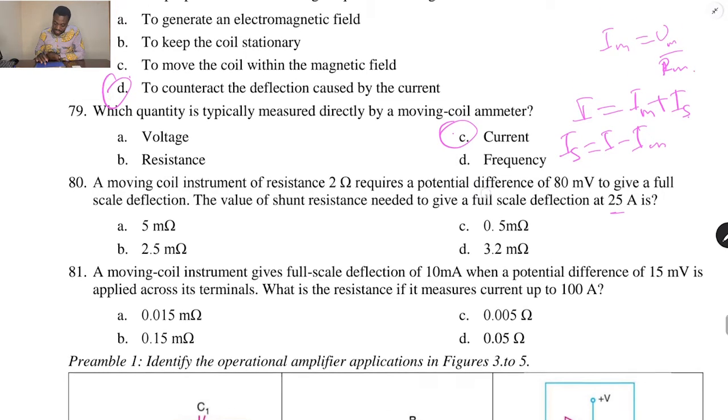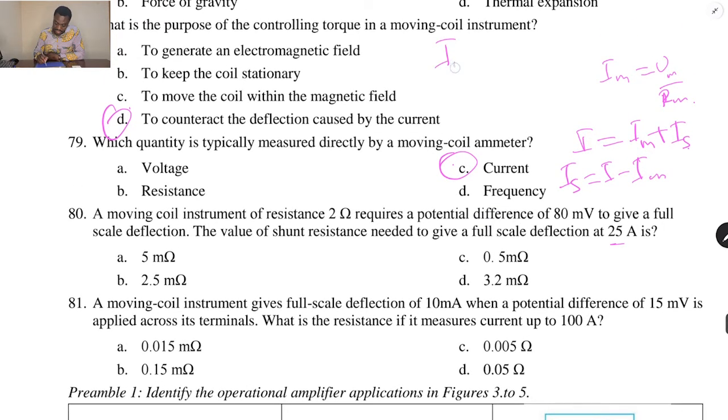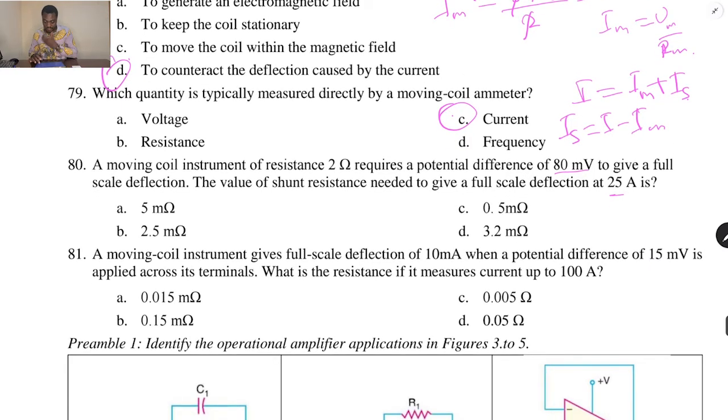So IM is 80 milli over 2, which gives us 40 milliamps.